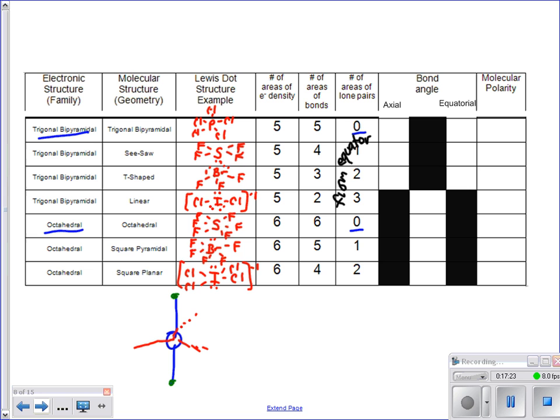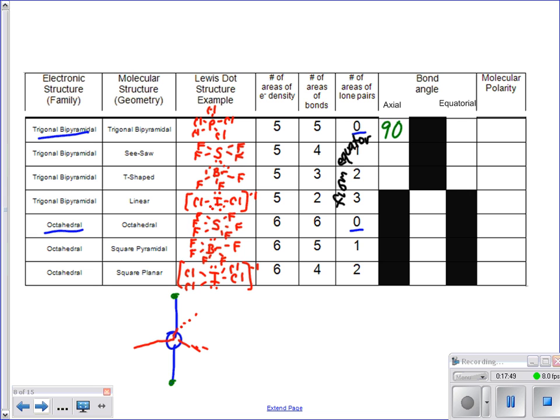As I hold on there, I can look at the angle between my top finger and one of these guys on the equator. That is 90 degrees. I'm going to call that my axial bond angle. So 90 degrees right here, that's going to get plugged in right here.